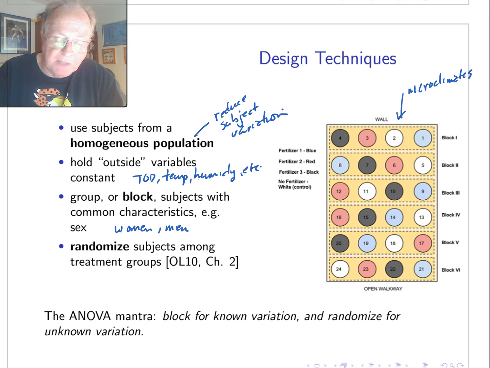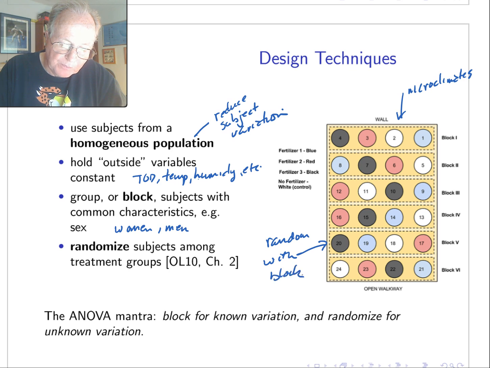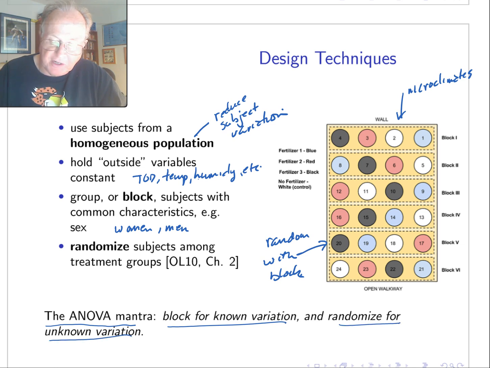And so we block according to the microclimate, and then within each block, we randomly assign the treatments. So random within block. And so we've done both things, blocked and randomized. This is an example of what I call the ANOVA mantra. Block for known variation, randomize for unknown variation.